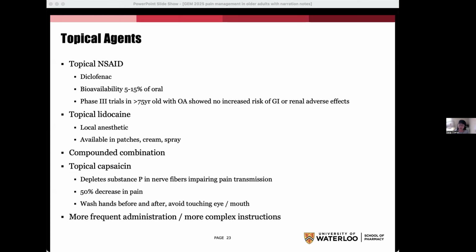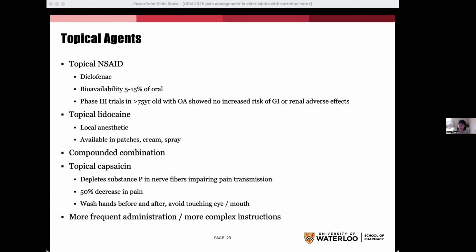The other is renal toxicities, and they can also increase blood pressures and things like that. So they are recommended, they're effective, but they're only recommended to be used short term and at the lower doses if possible. And if you must select an NSAID, here are a few tips.